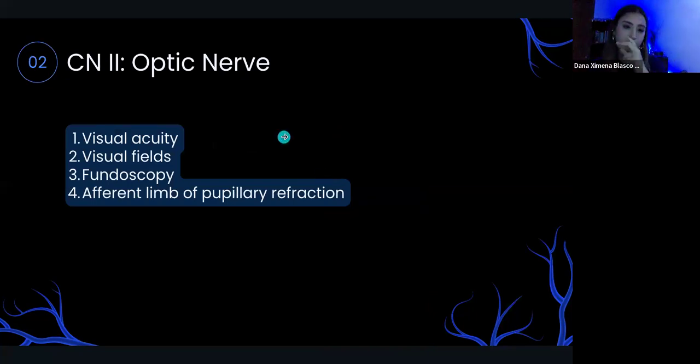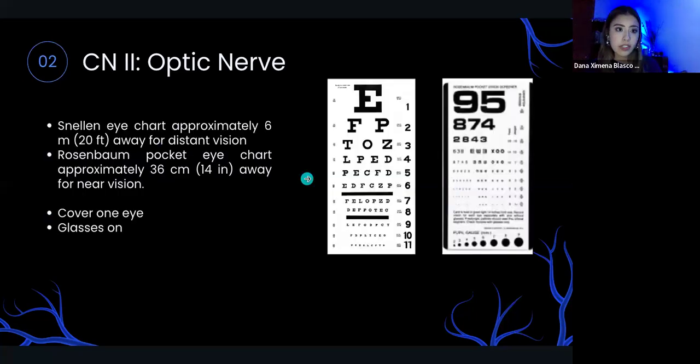The second cranial nerve, the optic nerve. Here we're going to evaluate four things: visual acuity, visual fields, ophthalmoscopy, and the afferent limb of the pupillary reflex. First, to evaluate visual acuity, we could use two techniques.